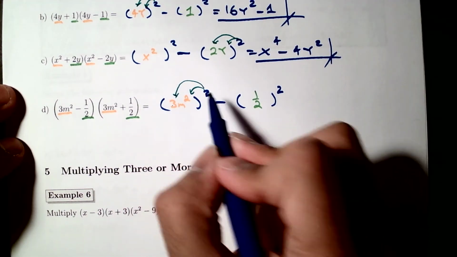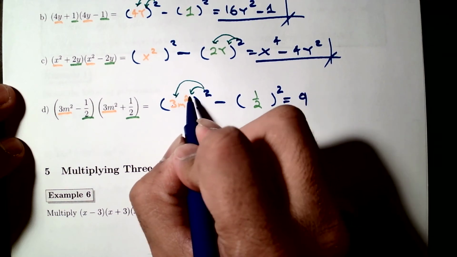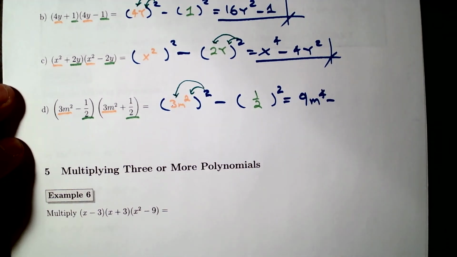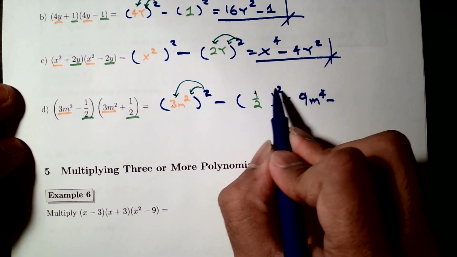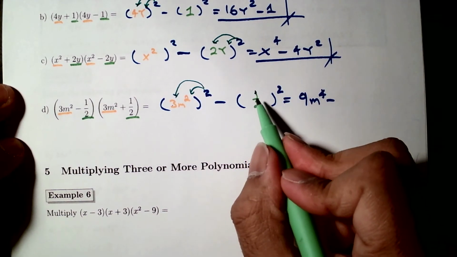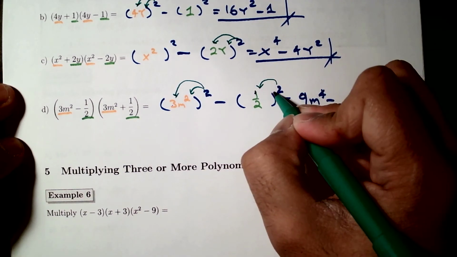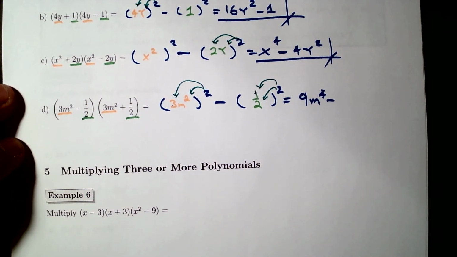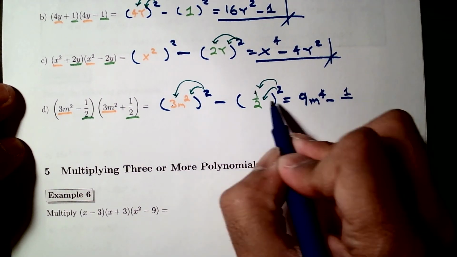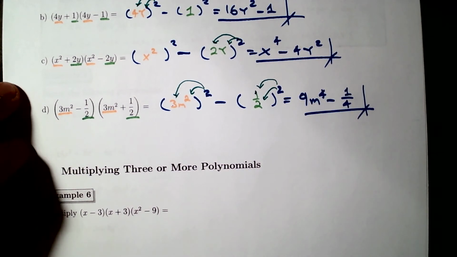So in this case, 3 squared equals 9, and here we're going to have the power of another power, that's m to the 4th power, minus, in this case, 1/2 squared. In this case we have a fraction in which the power affects both the numerator and the denominator. So 1 squared, which is 1, and then 2 squared, which is 4. Final answer.